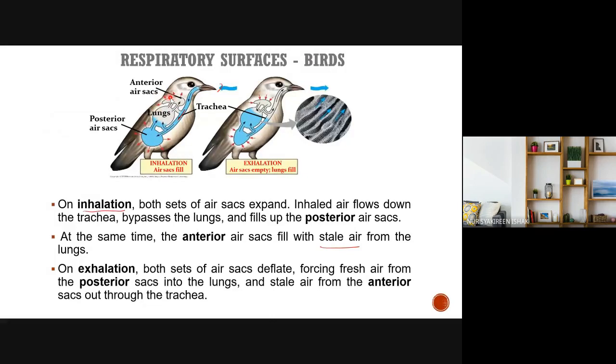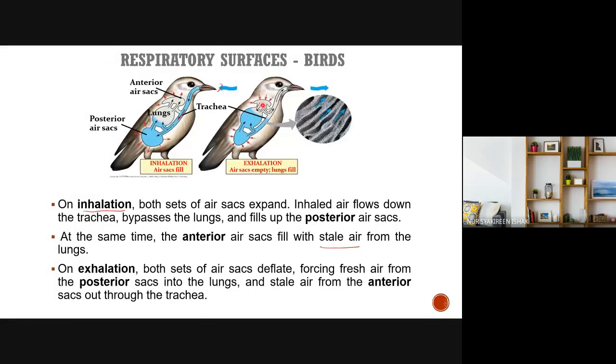That is during inhalation. During exhalation, both of these air sacs will deflate. So highlight perkataan deflate ni semasa exhalation. So exhalation, both air sacs deflate. So what happened during this stage? The fresh air from the posterior will enter into the lung.